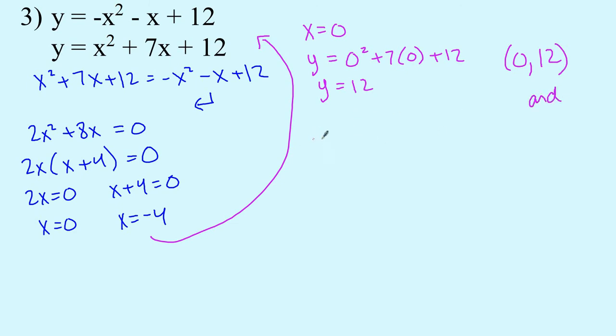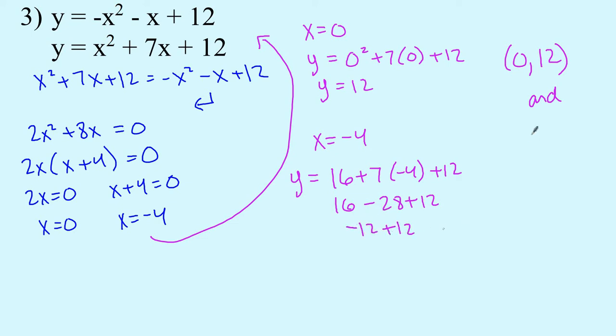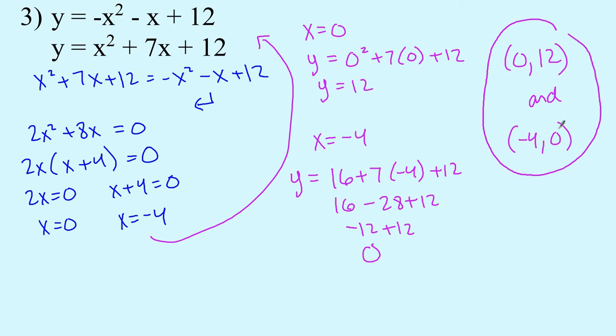And when x is -4, y equals 16 plus 7 times -4 plus 12, 16 minus 28 plus 12. 16 minus 28 is -12 plus 12. All right, so we get 0. So -4, 0. Hopefully that makes sense. And there's your solution.